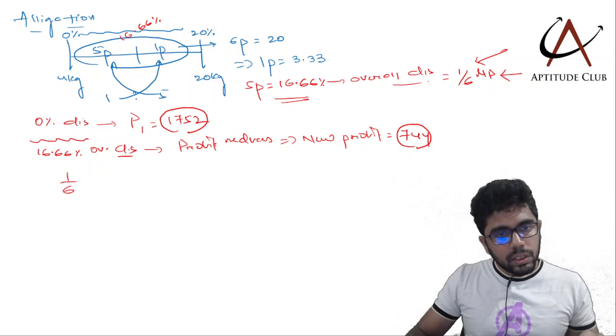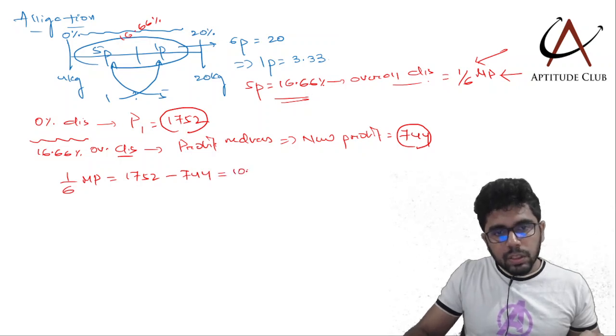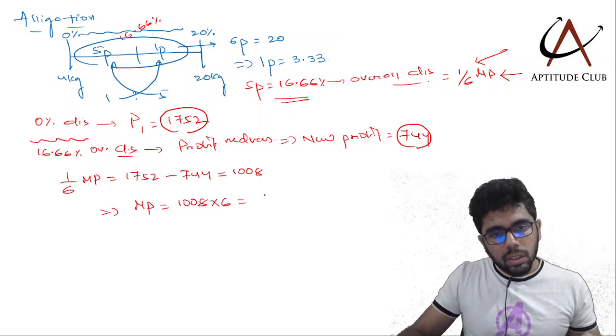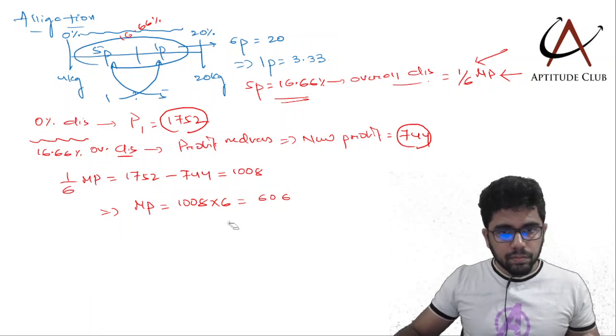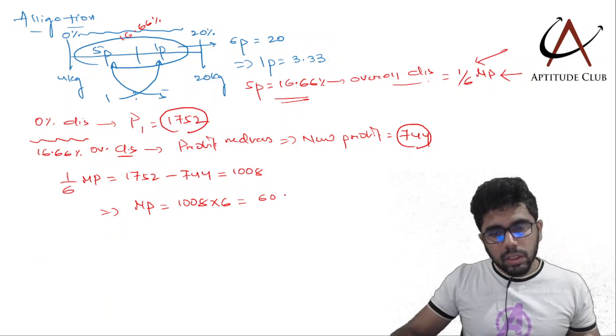So I can write 1/6 of my mark price is equal to 1752 minus 744, which is like 1008, which gives me my mark price is 1008 into 6, so 6048. This is your mark price, 6048.